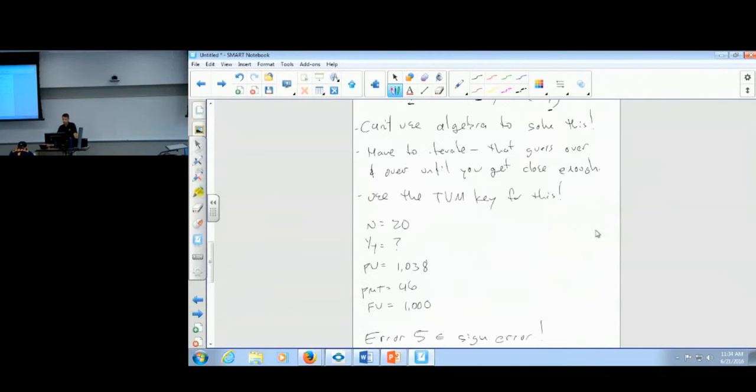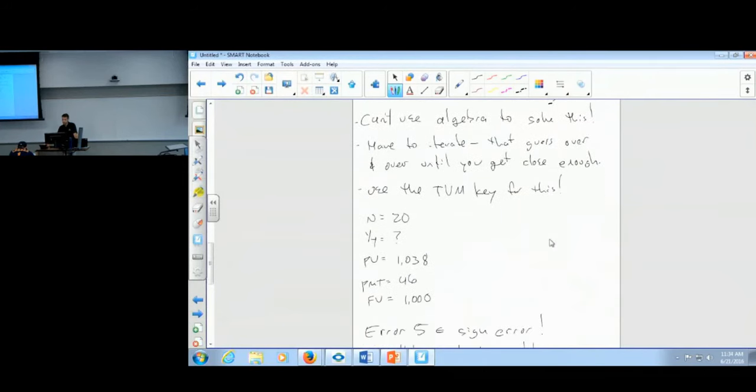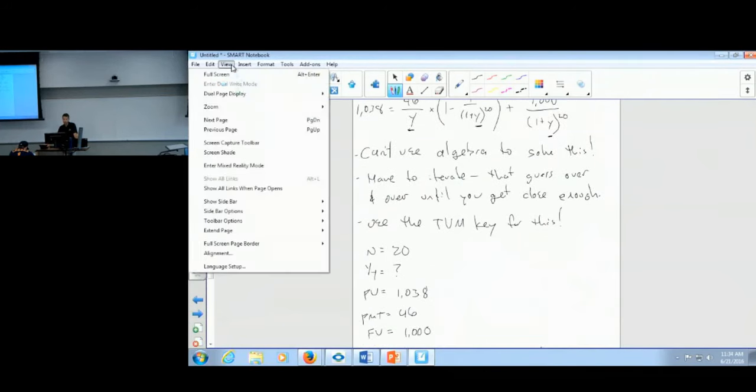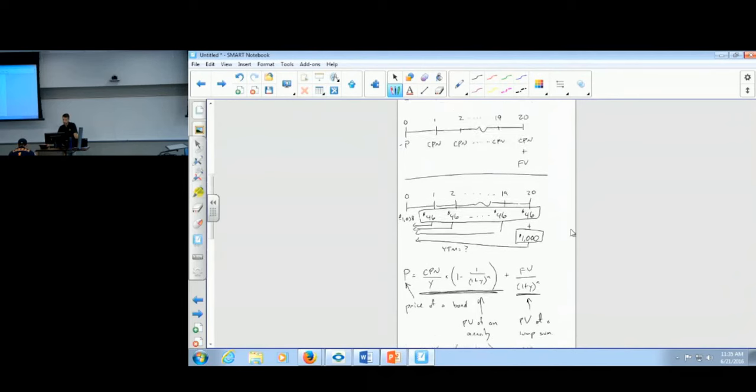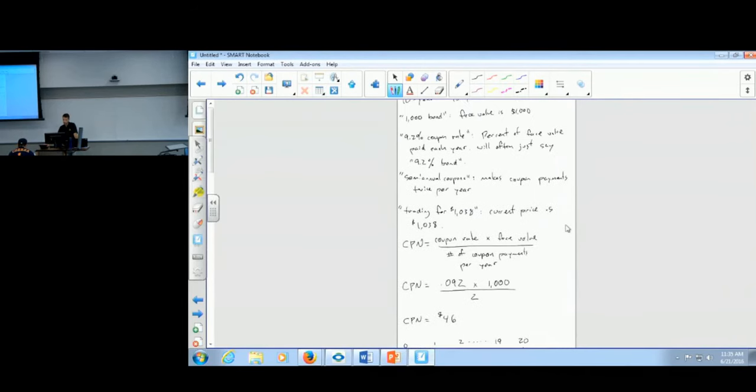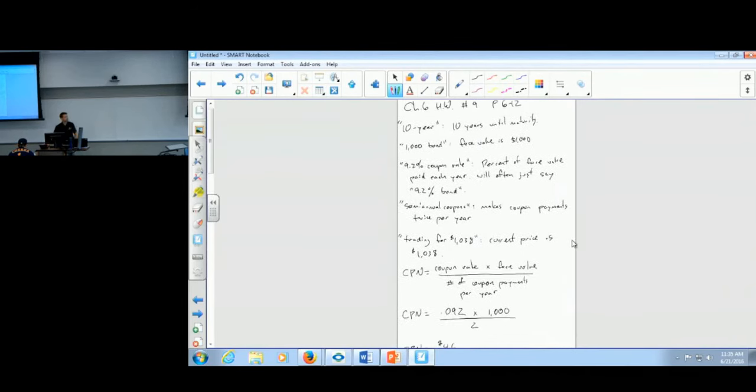All right, so just to point out, we've been talking about this problem for what, 15, 20 minutes, something like that? But let's go back and look at what we actually did. We were given all this information. It's a 10-year bond. Coupon rate is 9.2%. Current price is $1,038. What's the yield to maturity?